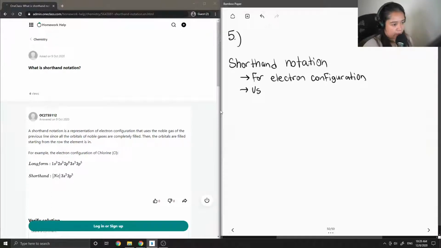So basically, it uses the noble gas of the previous row. So it makes more sense when we do an example.